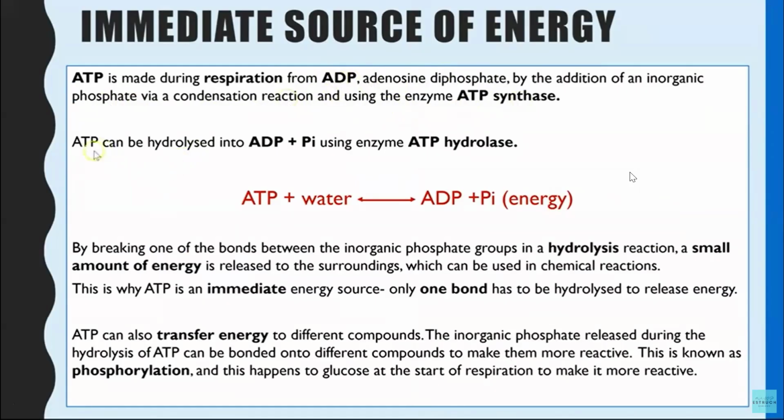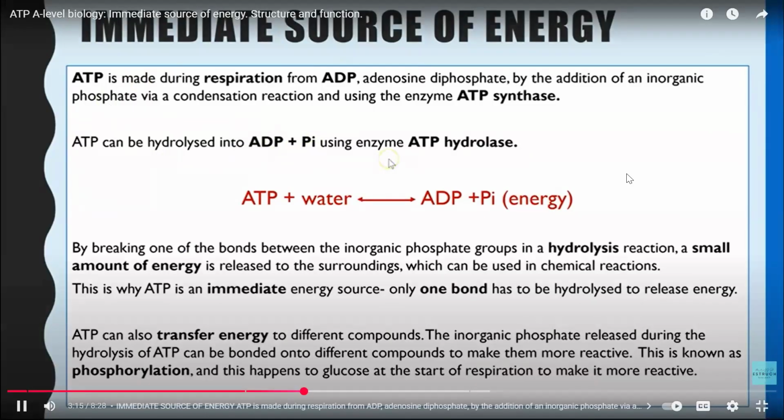Now the opposite is how ATP releases energy. So once you have ATP created in respiration, you can hydrolyze one of those bonds between the phosphate groups to create ADP and Pi.